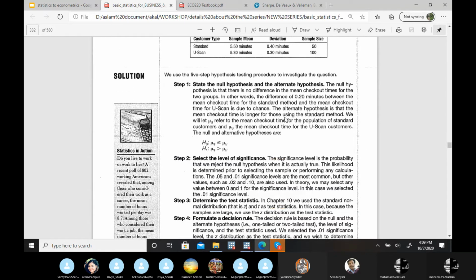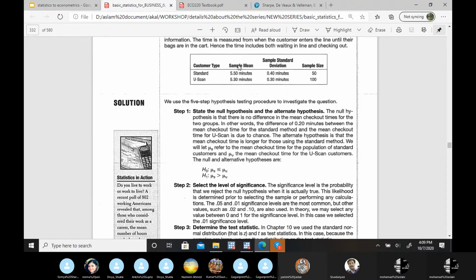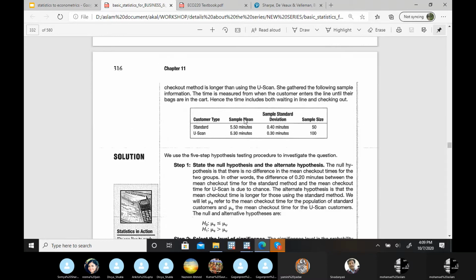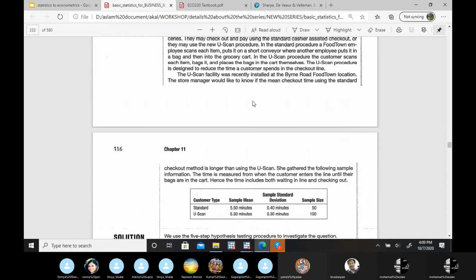Now our null is that there is no difference in the mean checkout times for the two groups. I think here we have to see it as per the question: the mean checkout time using the standard checkout method is longer than using the UScan.